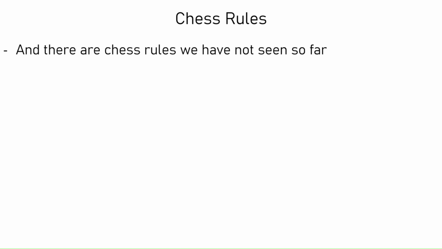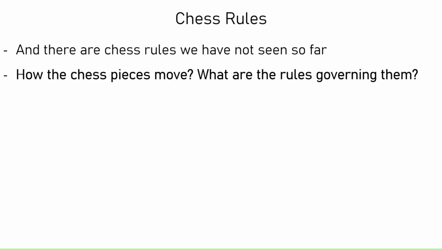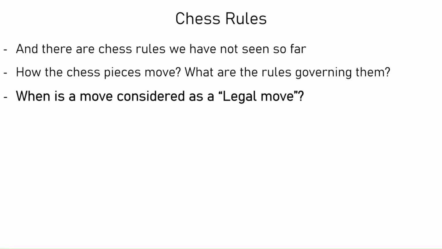And then, there are chess rules that we have not covered so far. Each chess piece has some powers based on the chess rules defining their movement. In chess, the term legal move is quite important. Chess rules and legal moves go together.